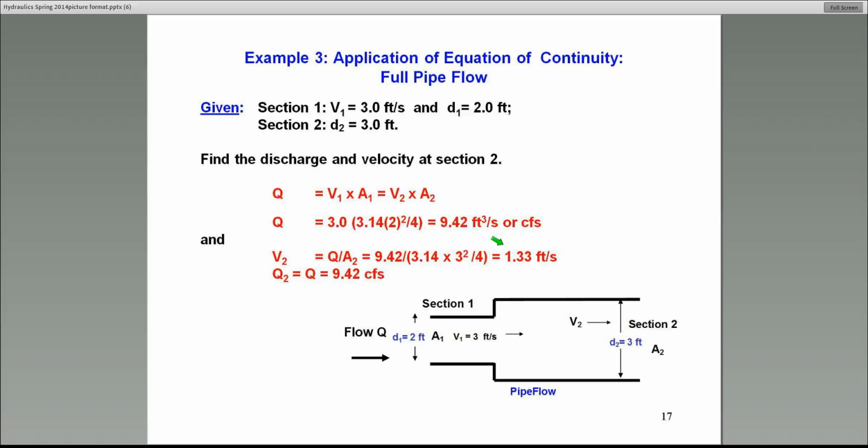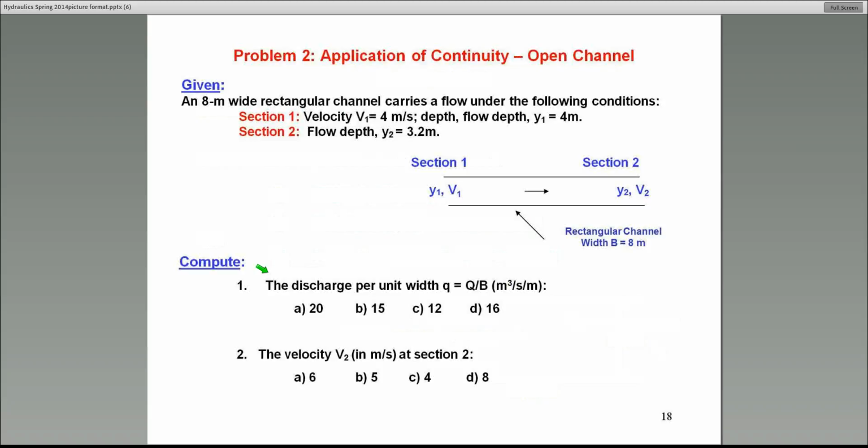V2 is 1.33 feet per second as opposed to 3 feet per second at section 1. Once again, just to check, my Q is constant. I just recalculate Q2, which is V2 times A2, and notice that in this case it's also equal to 9.42 CFS. So that's the equation of continuity in a pipe flow situation.